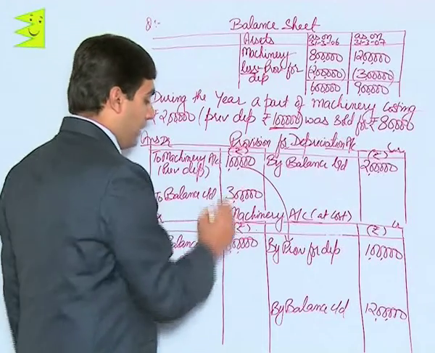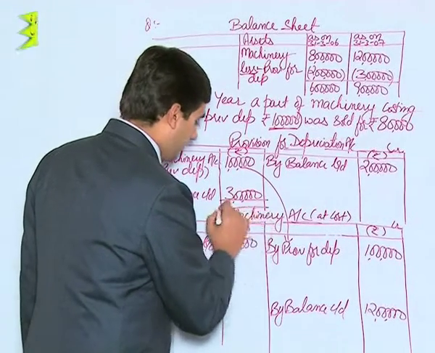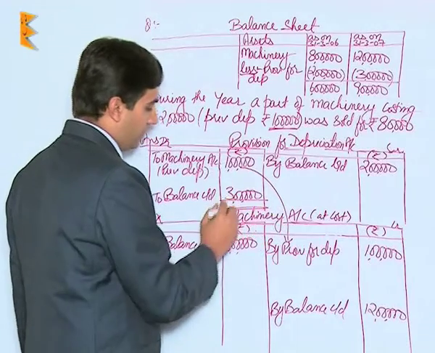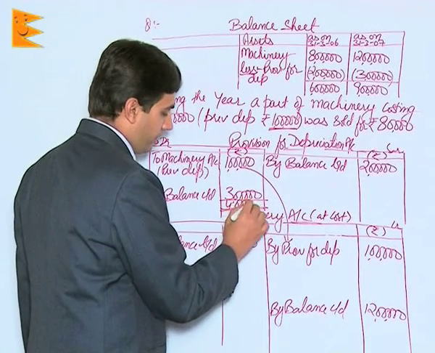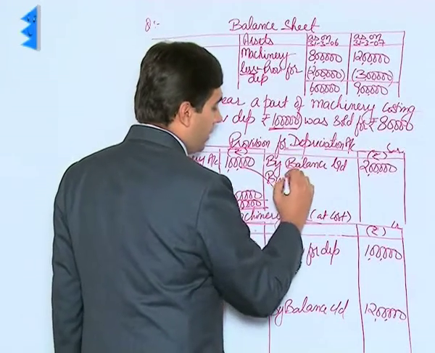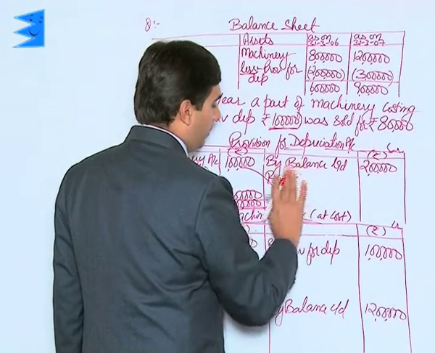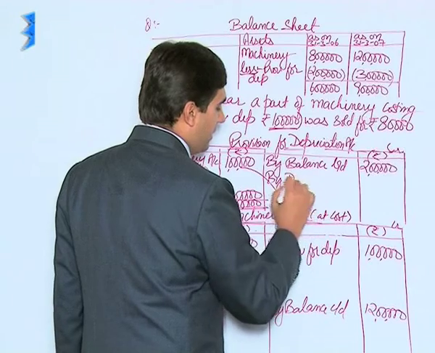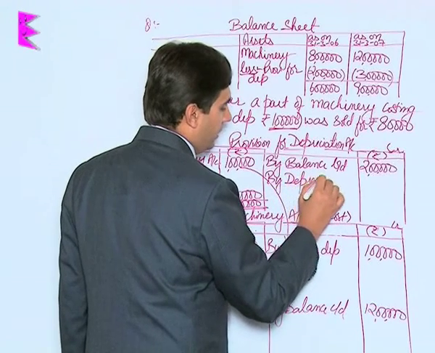Now, once we have done this, let us balance the provision for depreciation account. The total here is 4 lakh. Out of this 4 lakh, we will deduct 2 lakh. So we will get by P&L account or by depreciation charged during the year.